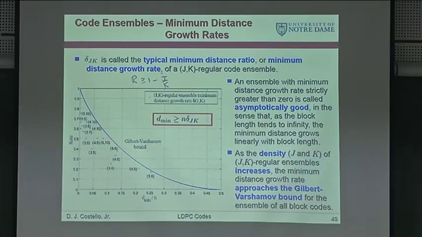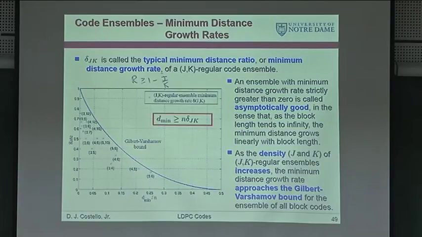Well, they're much easier to decode. In general, if you just pick a code randomly out of the ensemble and you try to do maximum likelihood decoding with it, you're going to have decoding complexity that grows exponentially with the block length. Okay, with low density parity check codes, we know we have a decoding method. It's not maximum likelihood, but it's a very good decoding method.